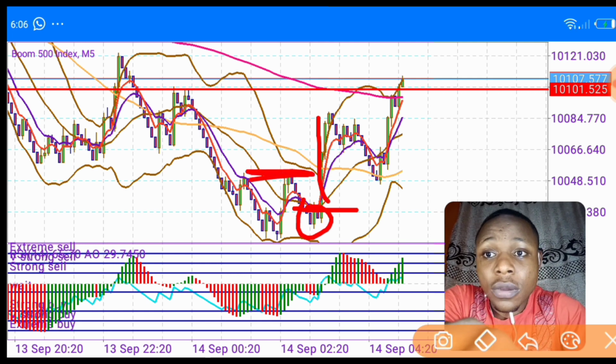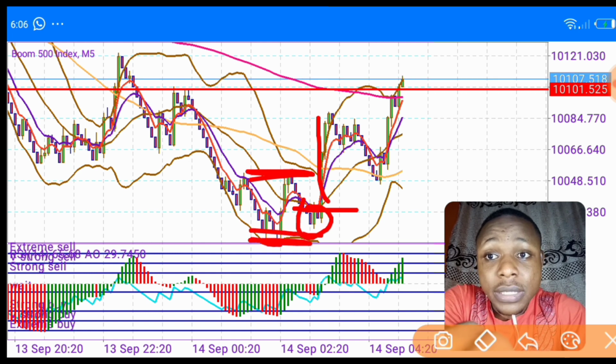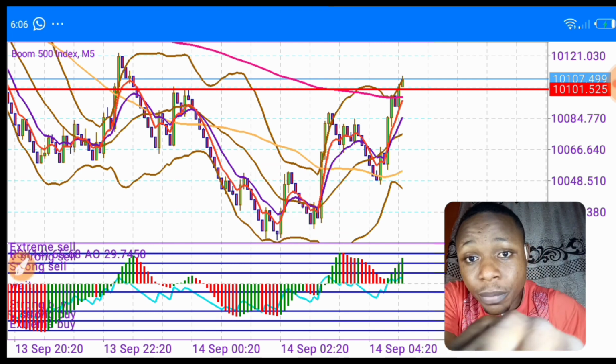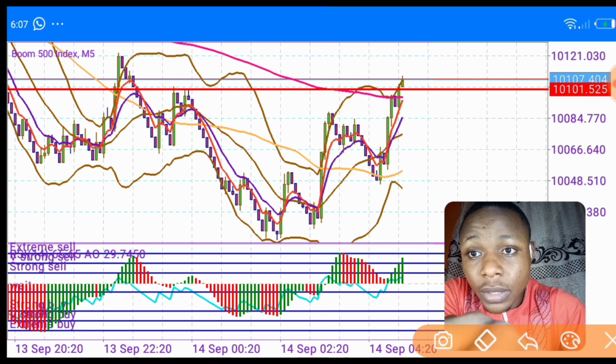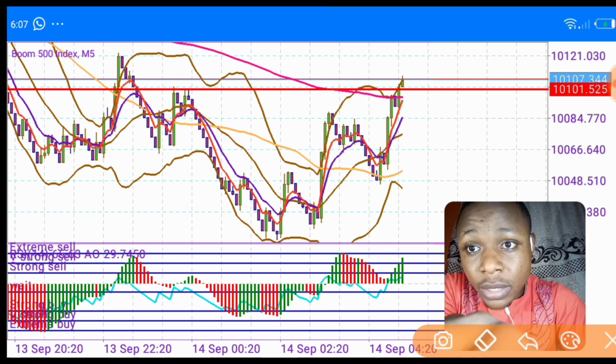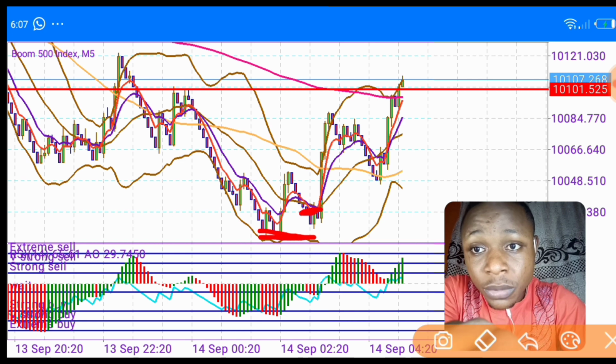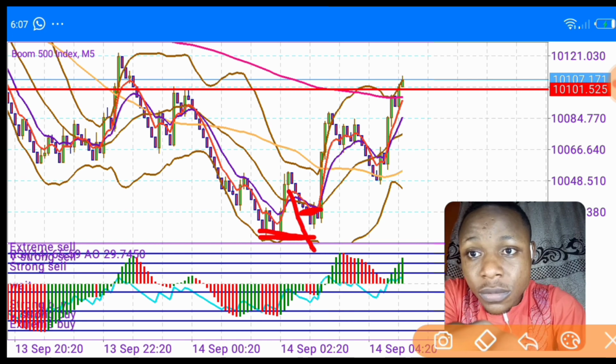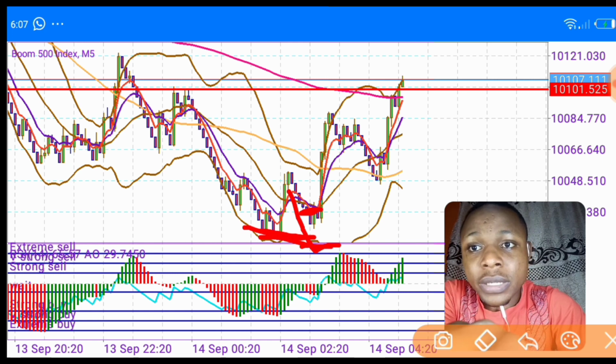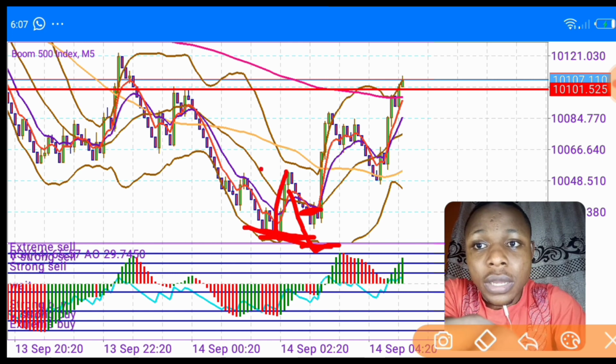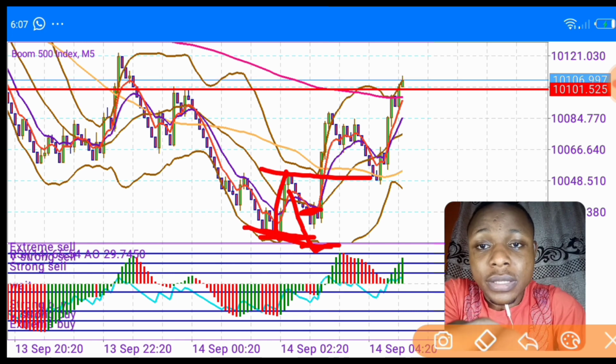It didn't respect that support. What I mean is, it didn't sell to this support before spiking again. But if it sells to this support and spikes again at this support, it might start ranging. It might come here again and respect it. Do you understand?